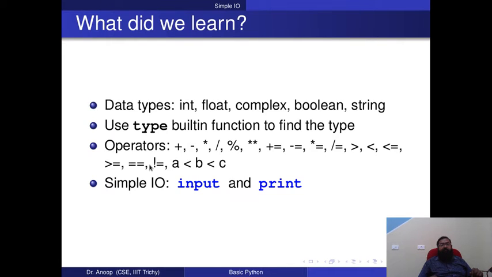And then we know about the operators: plus, minus, multiplication, division, modulus, double star, that is power, plus equal to, minus equal to, star equal to, slash equal to, greater than, less than or equal to, greater than or equal to, equal to, not equal to, a less than b less than c, then input and print.